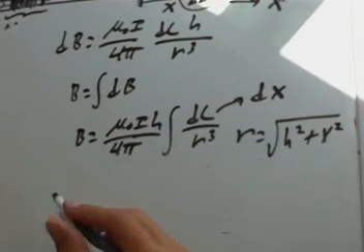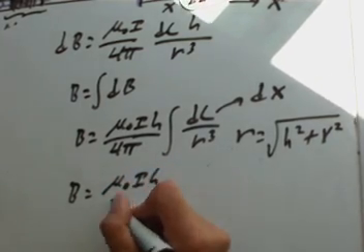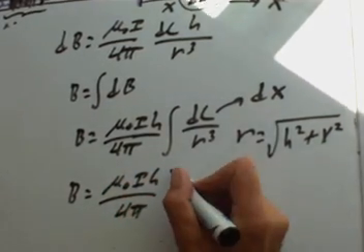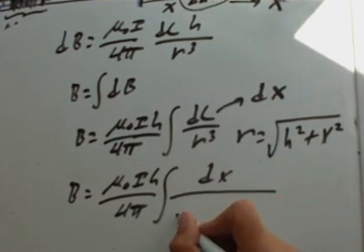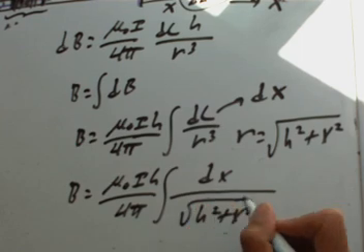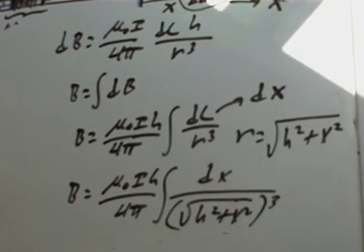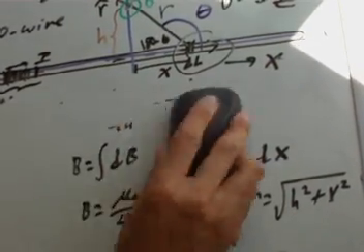And so now I see what's forming is a better integrand here: over 4 pi times the integral, and I'll have a dx on the top and the square root of h squared plus x squared all cubed on the bottom. That's what my integral is looking like. So we're running out of room once again.